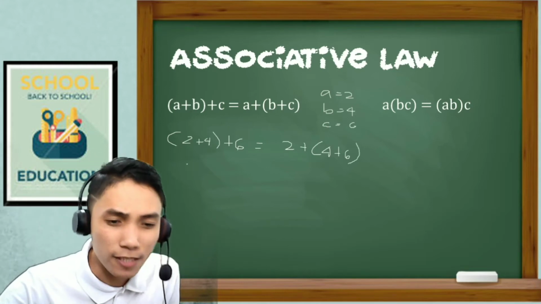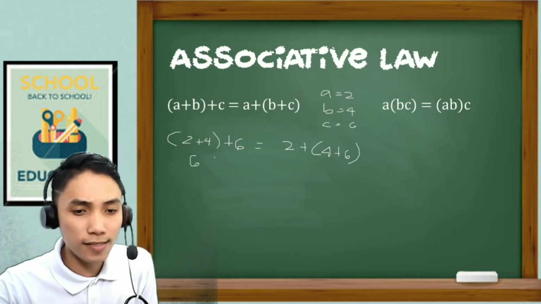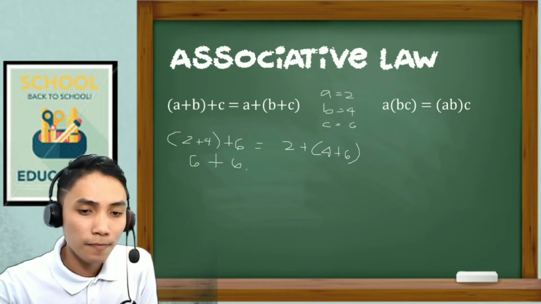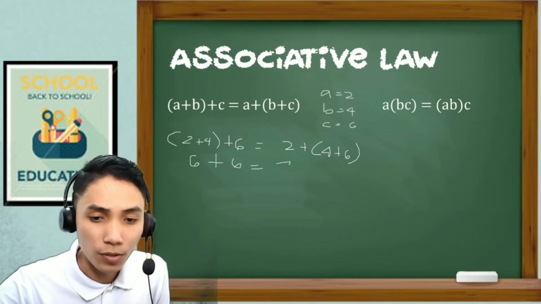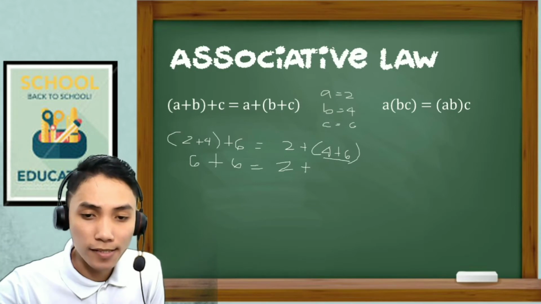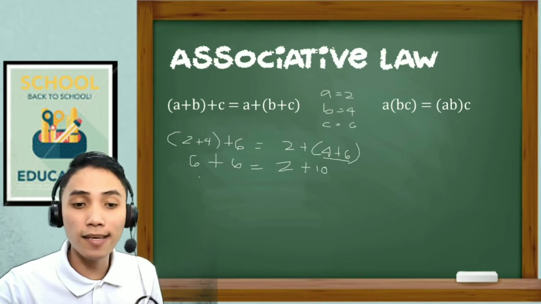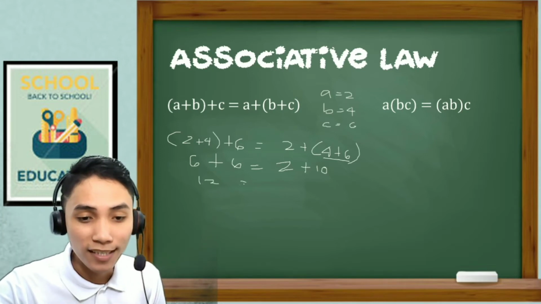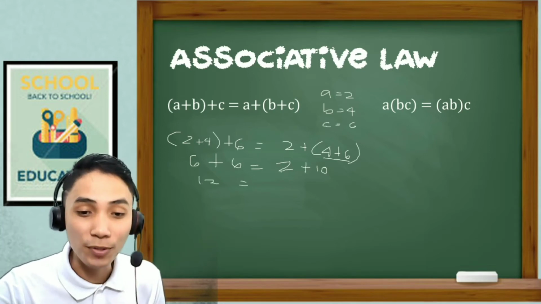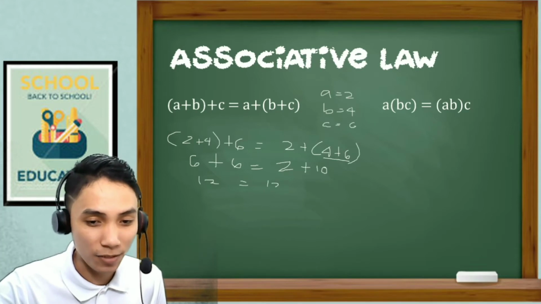So 2 plus 4, that is 6, plus 6. And 4 plus 6, that is 10. So 6 plus 6, that is 12, which equals 2 plus 10, that is 12.